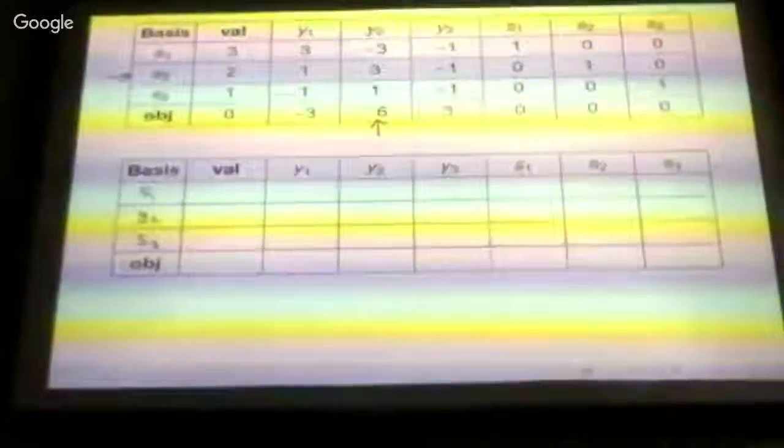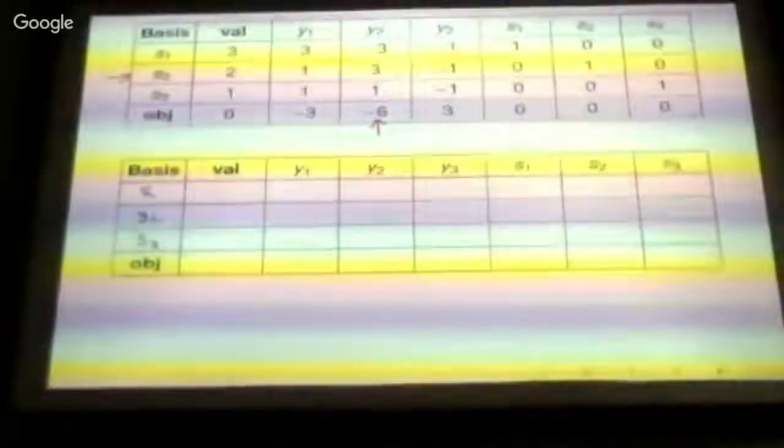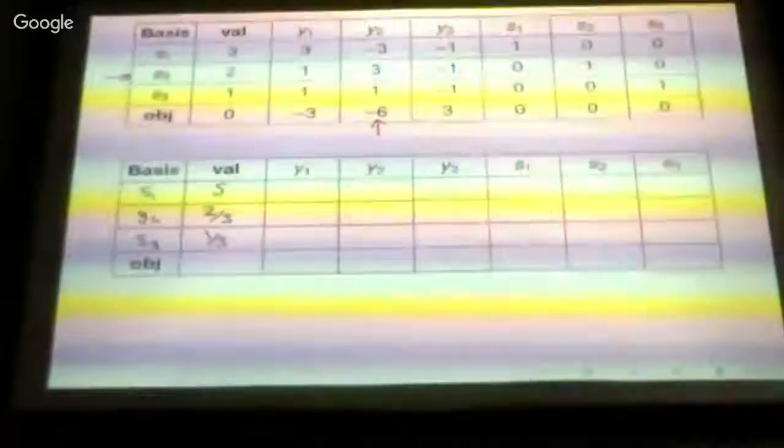And I don't want to bore you with the rest. So I'm only going to do the val and the objective, because they're important values. So the val column should be, unless I've messed it up, 5, 2/3, 1/3, and the objective is 4.